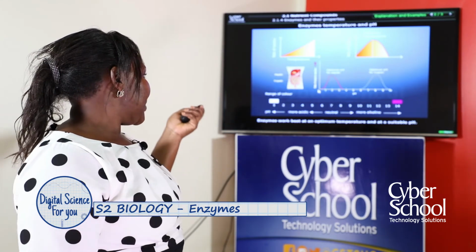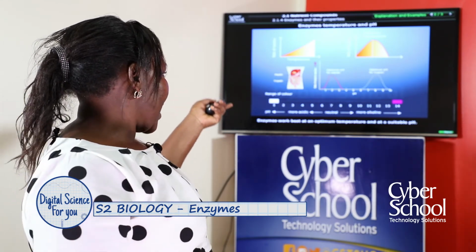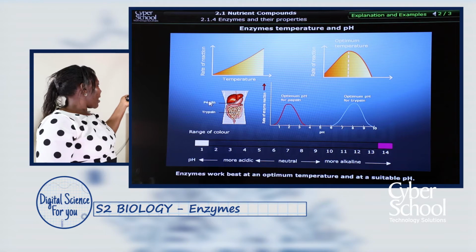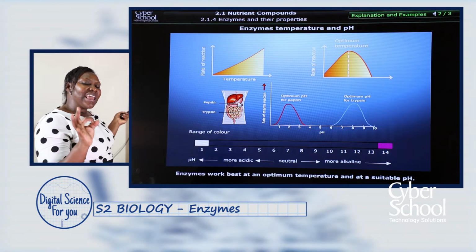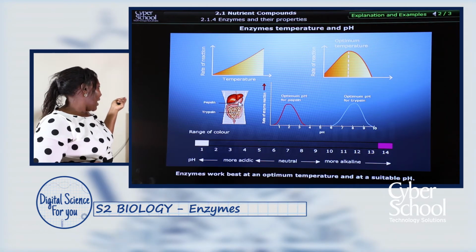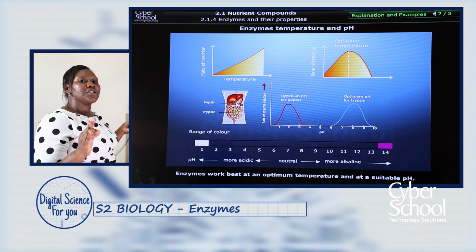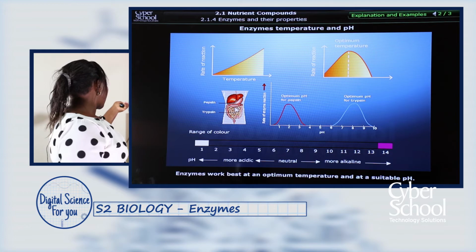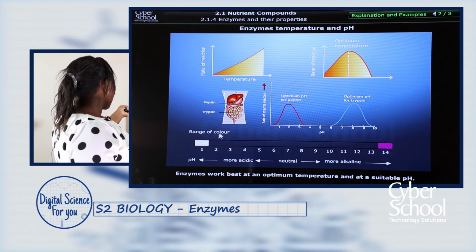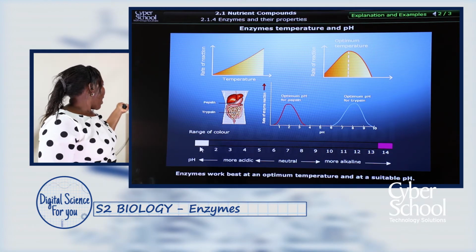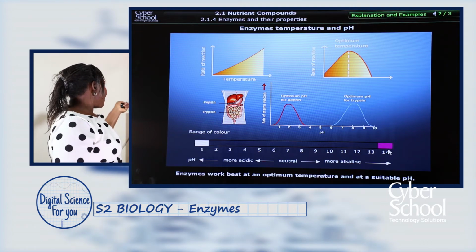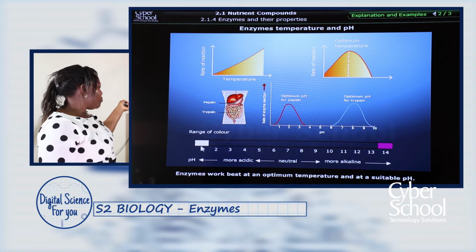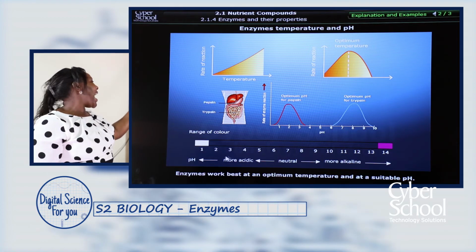Still in nutrition, we study the digestive system. As we can see there, there is a stomach. We know that pepsin is right there. Pepsin is an enzyme produced within the stomach. And when we talk about pH, let's first look at the pH meter. The pH meter begins from 1, 2, 3, all the way to 14. Values from 1 to below 7 are acidic.